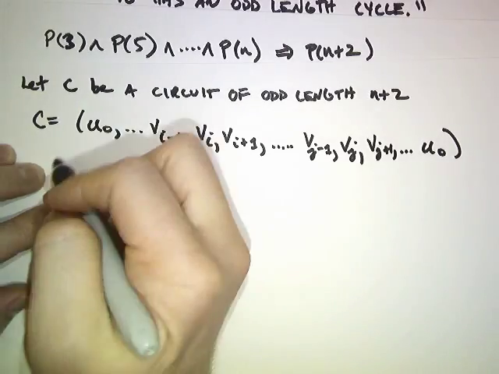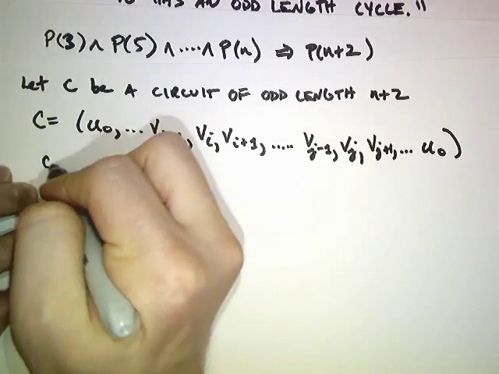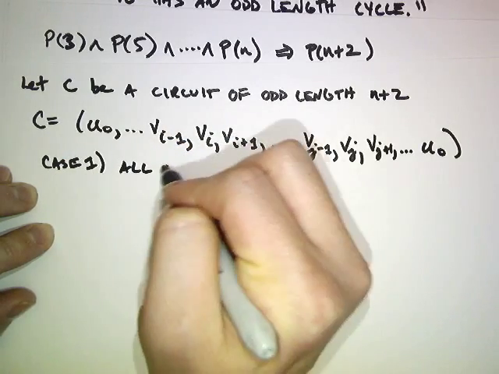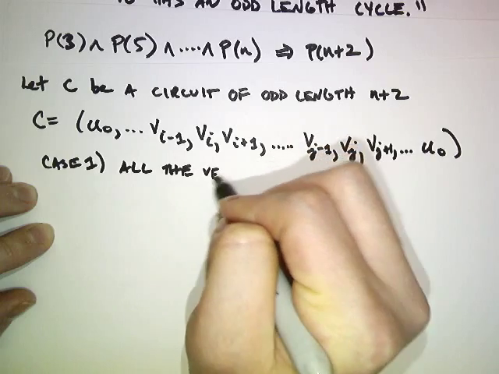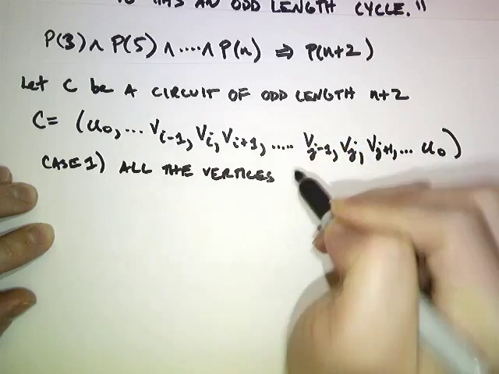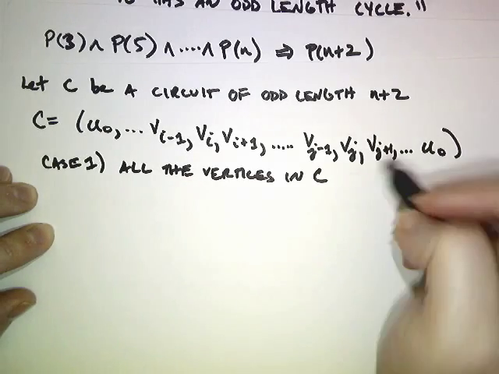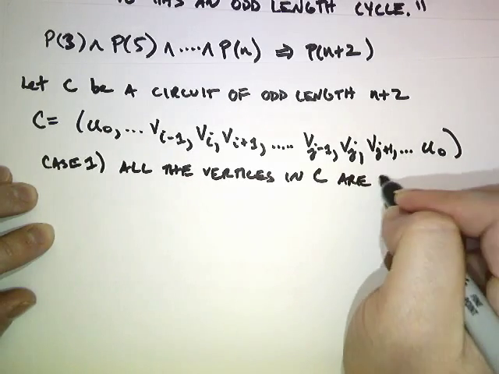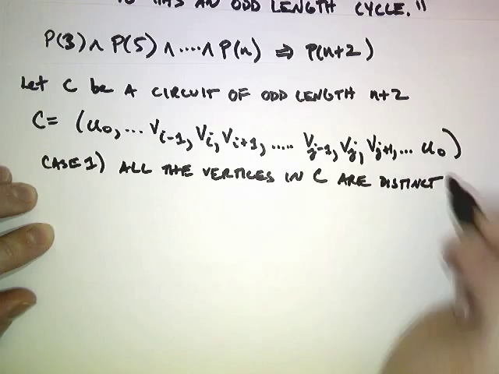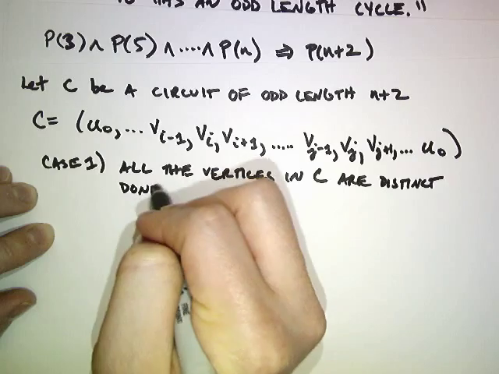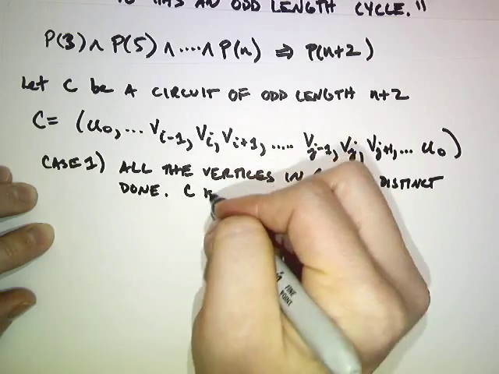Okay? Now, again, case 1. All the vertices in C, except for the U0 beginning and the end, are distinct. Then we're done. C is a cycle.